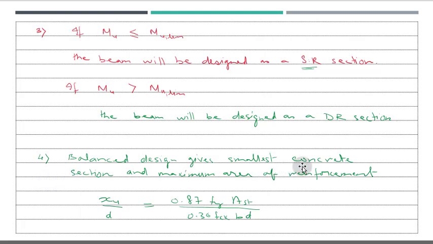Okay. So from economic point of view, you will always prefer under reinforced section because concrete is not very expensive compared to your steel. So you'd like to save the amount of steel. If you save the amount of steel, indirectly you are trying to get some economy.